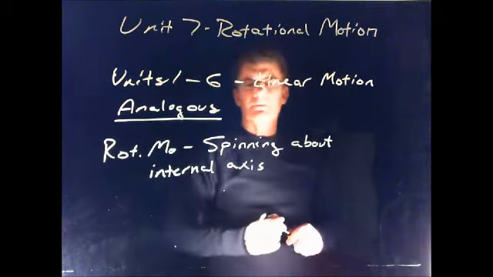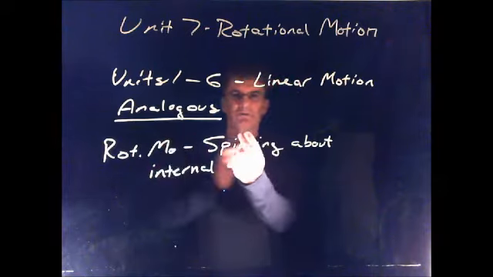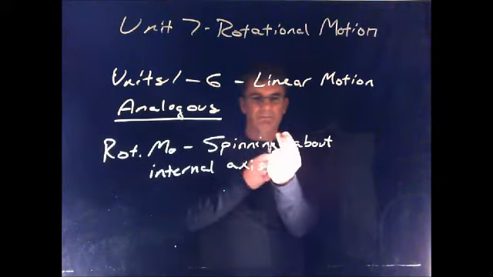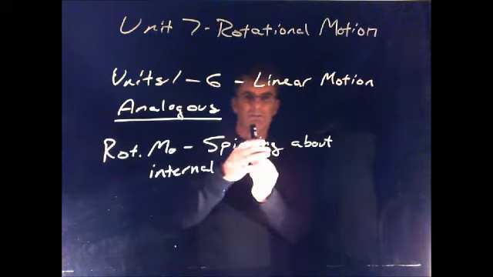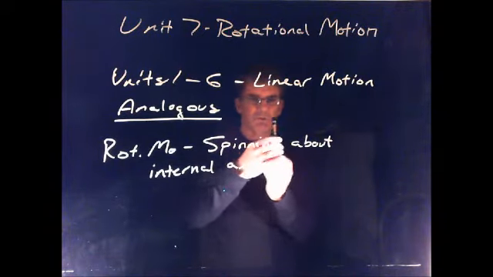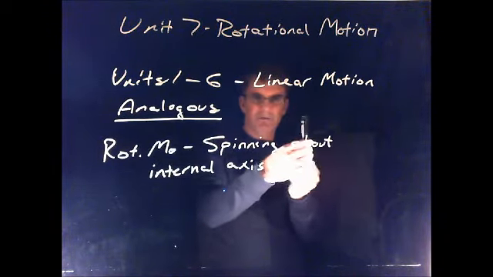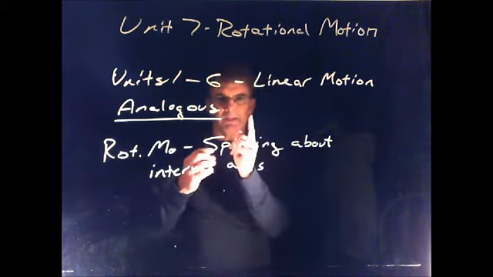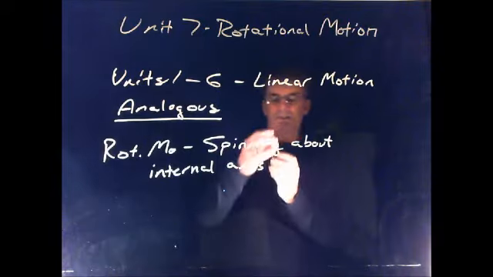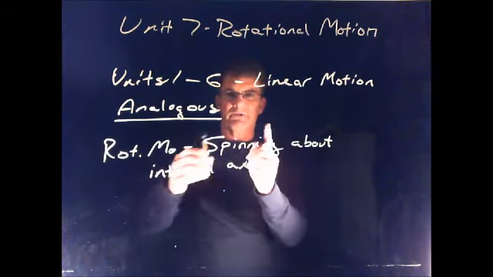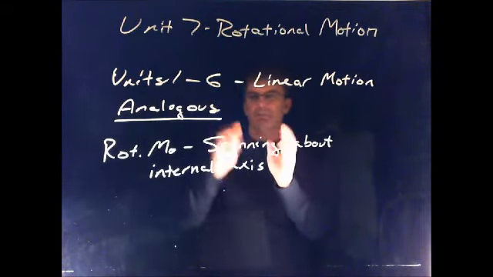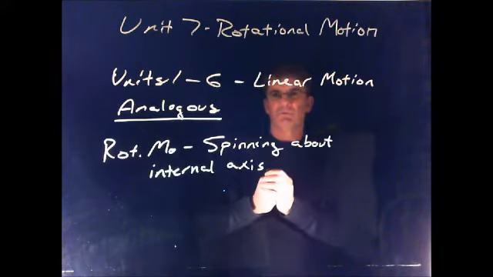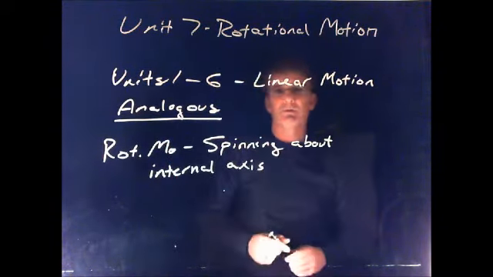The Earth is revolving around the Sun, so the axis of rotation is in the Sun. The Earth is spinning. That's the rotational motion about an axis through the Earth. So that's what I mean by an internal axis. Now it's actually a little bit more than that, but that's a fair enough definition for what we're going to be dealing with.